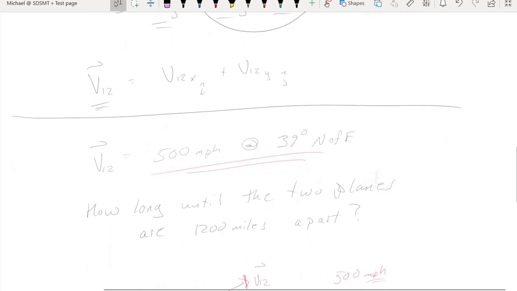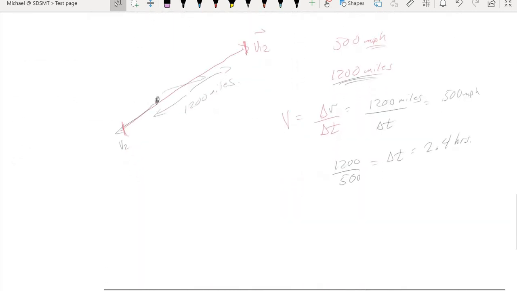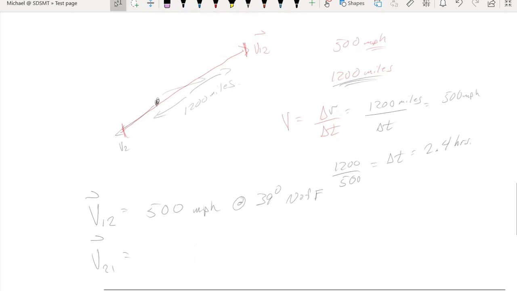Another question that we could ask, now that we know what the velocity of plane 1 with respect to plane 2 is, is: what is the velocity of plane 2 with respect to plane 1? So I've just switched the two subscripts around.